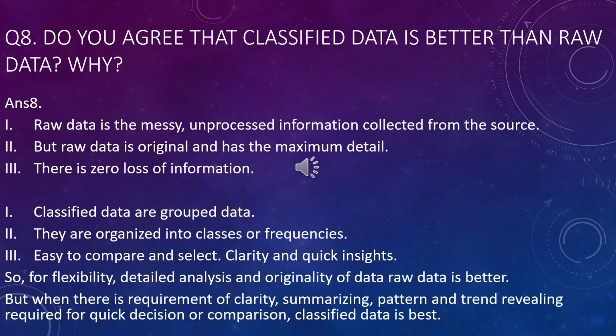So for flexibility, detailed analysis, and originality of the data, we require raw data, where raw data is better. But when there is a requirement of clarity, summarizing, pattern and trend revealing, or quicker decisions or comparison in statistical analysis, then we consider classified data the best.